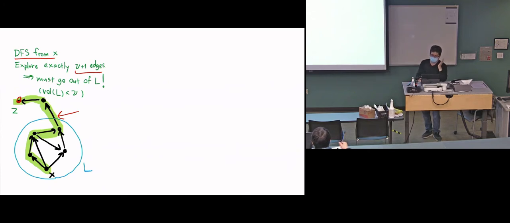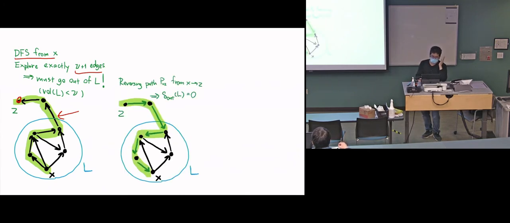Now, what if we just reverse the path? Look at the vertex where you stopped, and this gives you some path from x to some node z. What if we reverse the path from x to z?